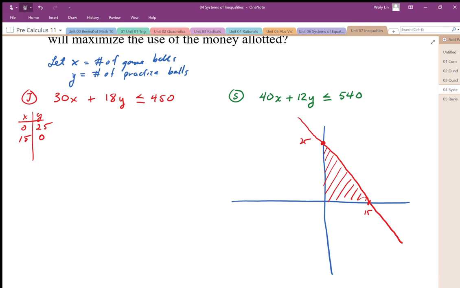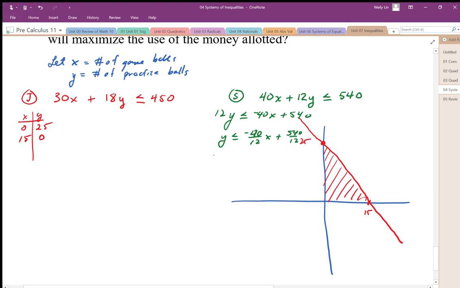For the senior team, I'm going to make this one y equals mx plus b, so y is less than or equal to negative 40x plus 540. And so we're going to divide by 12, so negative 40 over 12x plus 540 over 12.